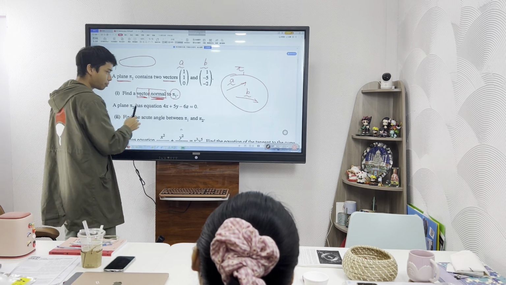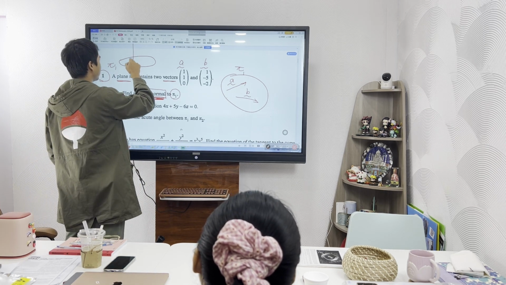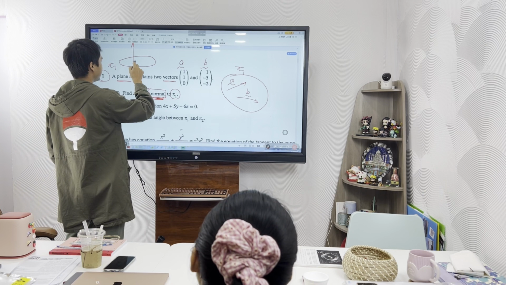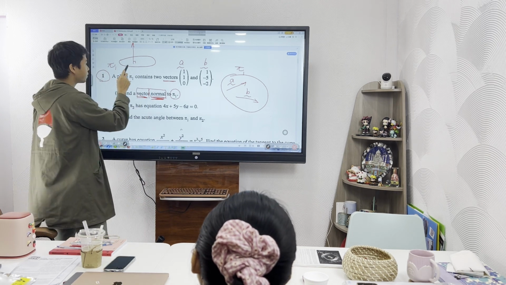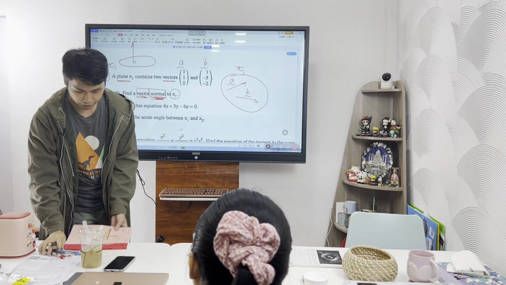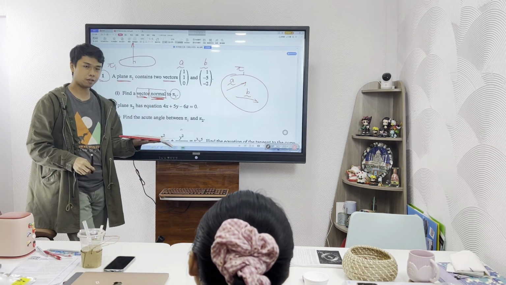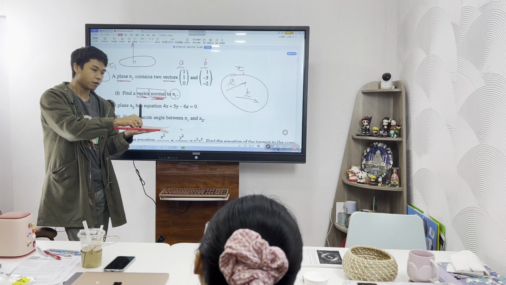The keyword is normal, like you draw 90 degrees. Yes, so you draw a 90 degree vector, perpendicular to the plane. So if I have a plane, the vector will be like that. Understand?